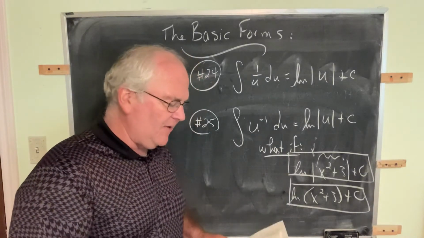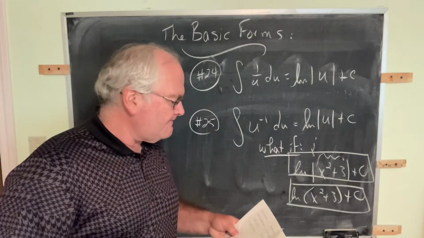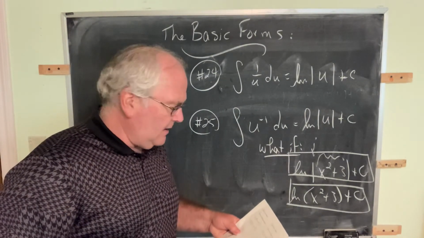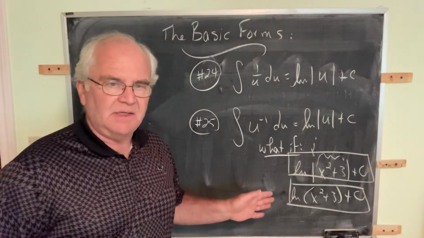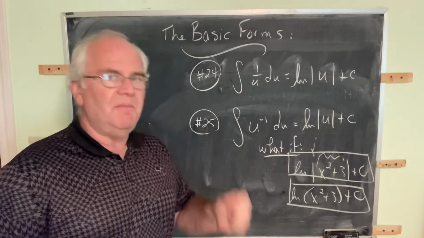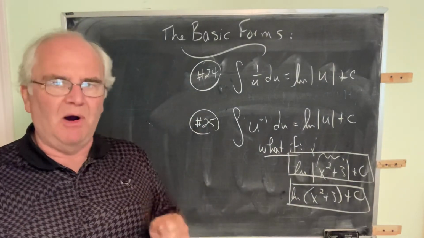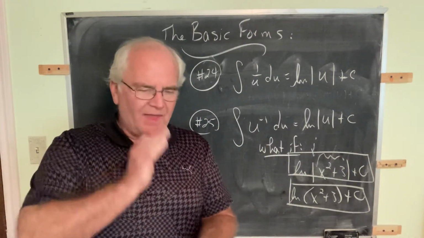Other than that, I think all the basic forms are straightforward. And those should be well within your experience. If they are not, get a copy of them, study them, learn them. They need to become part of your mental furniture so that you can work through these without hesitation.